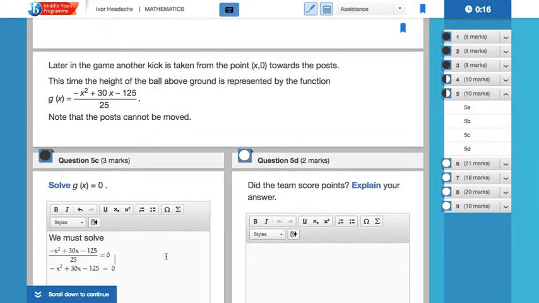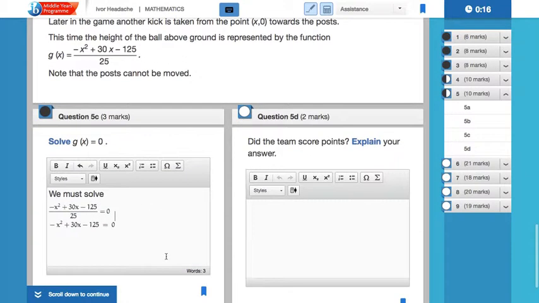So that's now a quadratic equation in the form that we are familiar with. Something x squared plus something x plus something on the end. And then we call those things a, b, and c. So a equals minus 1 because we've got minus 1x squared there.